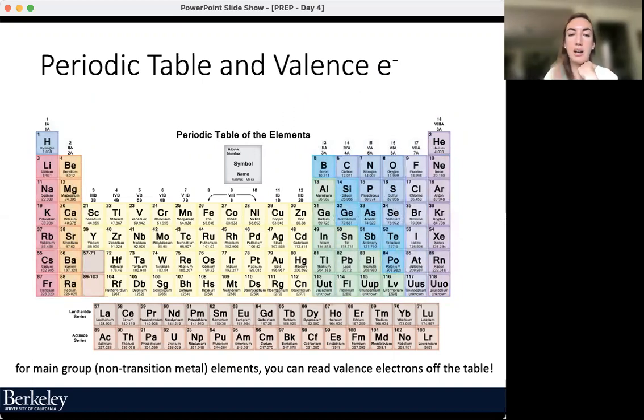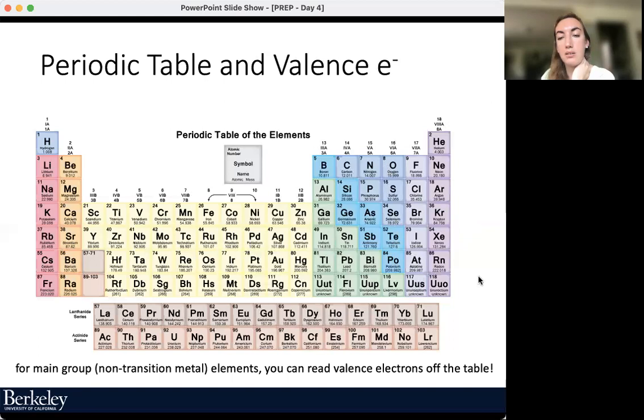So you can just count over, skipping the transition metals, 1, 2, 3, 4, 5, 6. And so what that means is if you know the configuration of oxygen, then selenium has basically the same configuration, just at a higher level. Does that make sense?